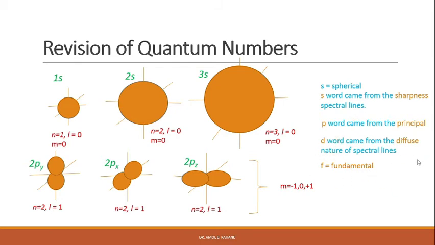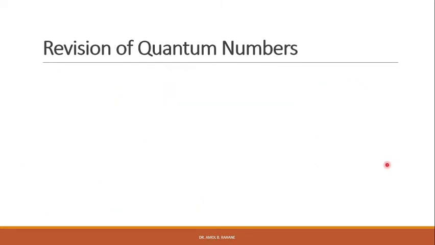The p came because historically the transitions from these levels were thought to be principal, and there is no particular rule to assign the m value to a particular px or py or pz orbital, right. The d came from the diffuse nature of spectral lines and f came from the fundamental, right.